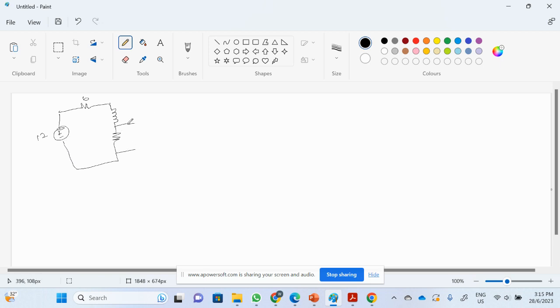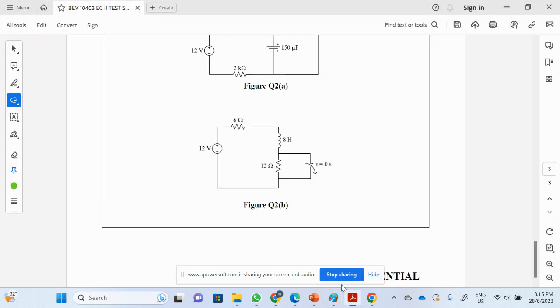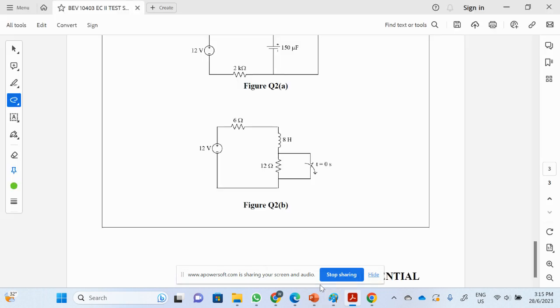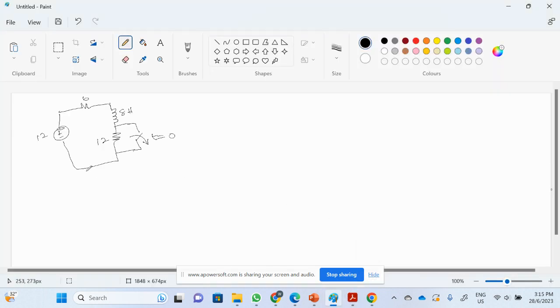Then you have the switch. It opens at t equals 0. This is 12. So this is the circuit that is given. This is an RL circuit, and this is a step response RL.